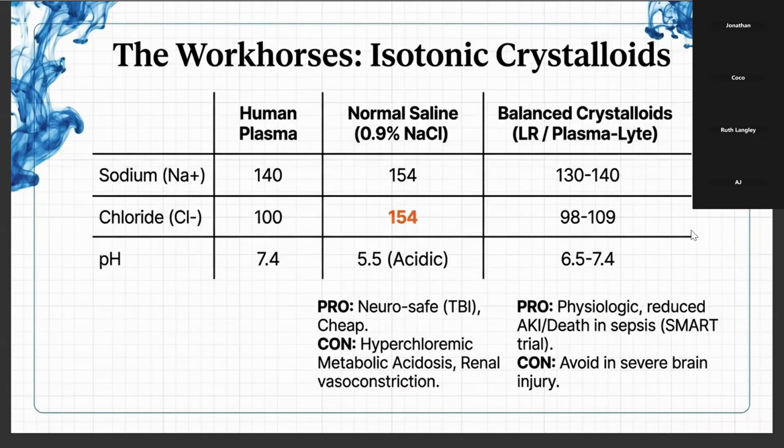So you can see that the normal saline has got 154 millimoles of sodium and 154 millimoles of chloride. Now, the chloride content is very high in a normal saline, so if you give them too much, you can give them something called hyperchloremic metabolic acidosis.